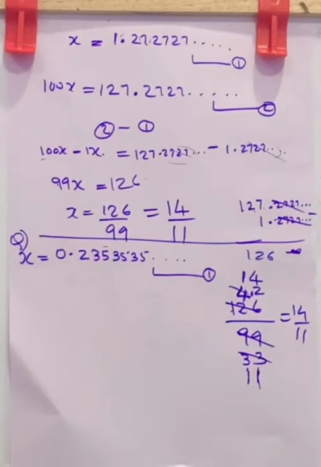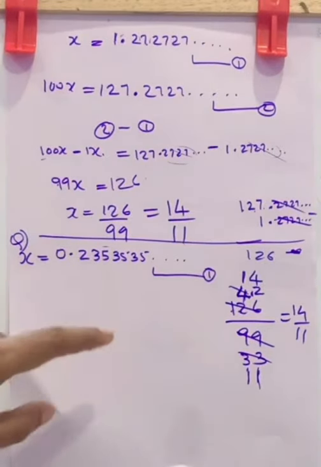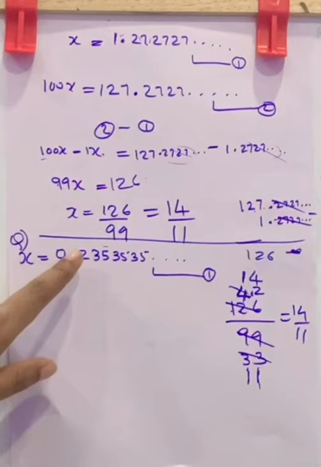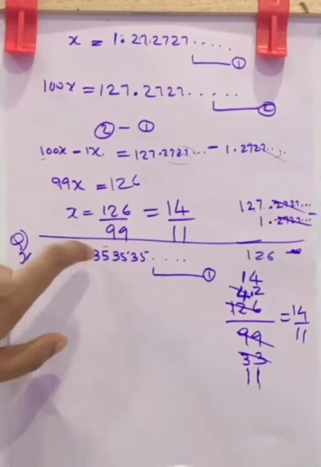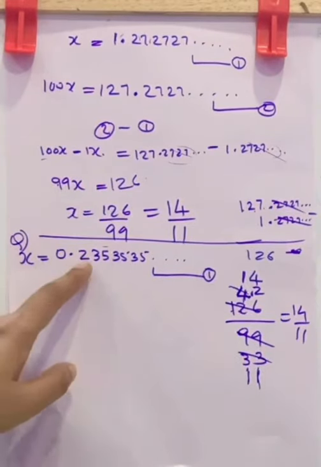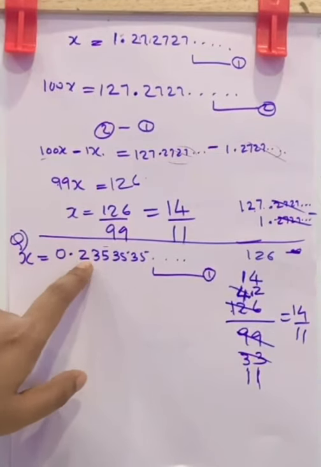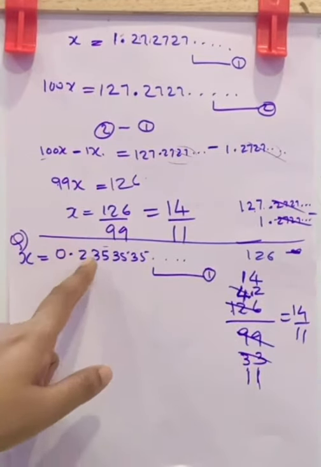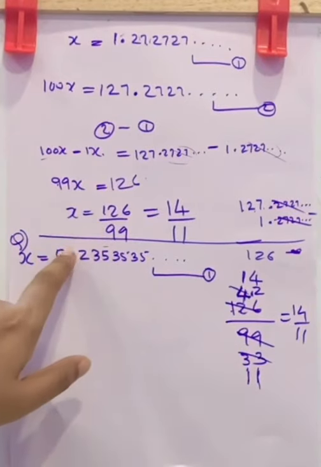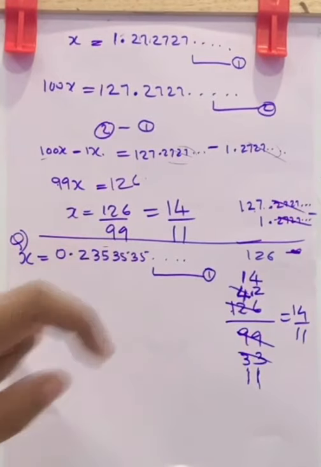Now the second step is to check whether there is any number without repeating. Here 2 is there. So first you want to take this 2 outside the decimal. How will you take 2 here? You want to multiply it with 10. Then only the decimal will go to this side.